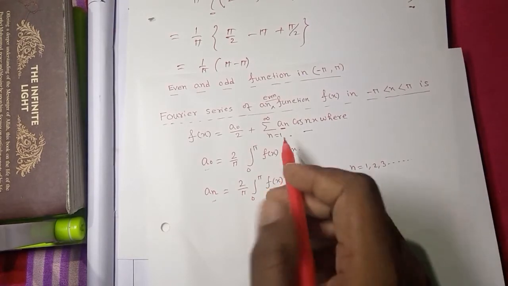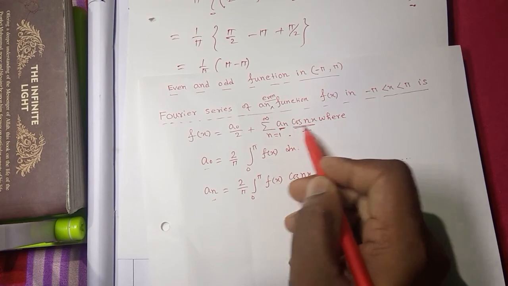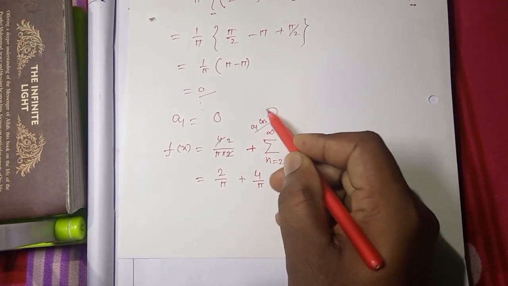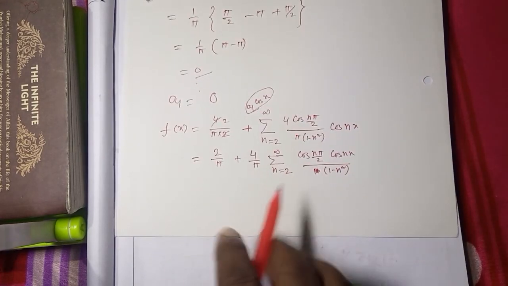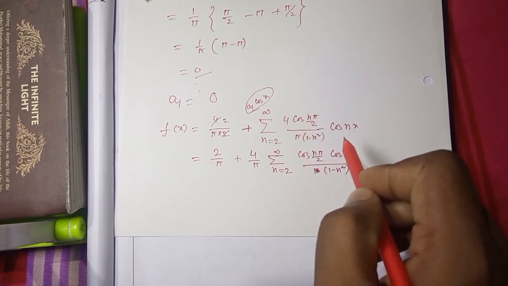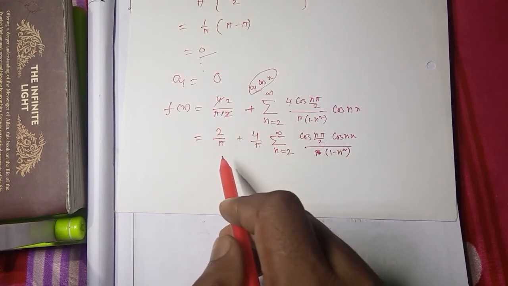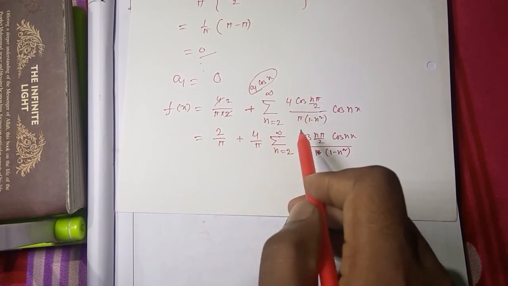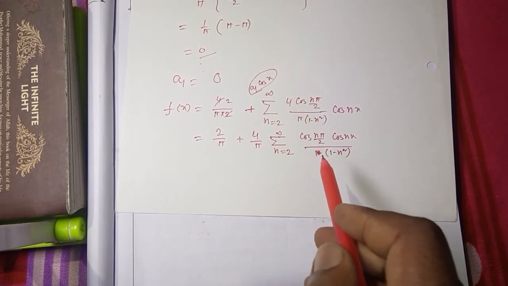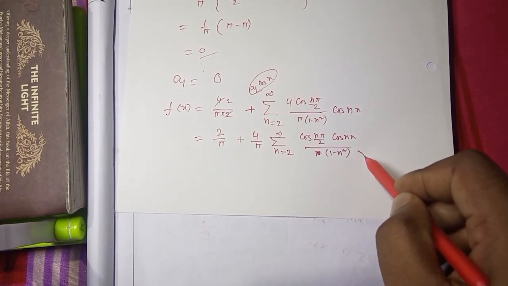If we put n equal to 1 here, we get a1 cos of x, and as a1 equal to 0, this term will be 0. And for n equal to 2 to infinity, this term is an cos of nx. Therefore 2 by pi plus 4 by pi comes out, summation n equal to 2 to infinity cos of n pi by 2 cos of nx by 1 minus n square. This is the required Fourier series expansion.